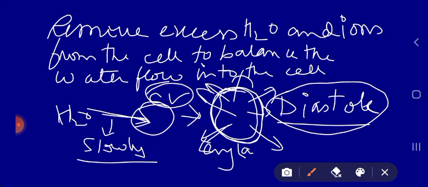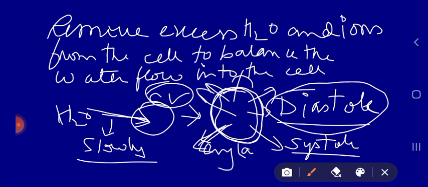So when the contractile vacuole is slowly taking the water in, it becomes enlarged, and we call it diastole. After reaching a threshold value, it starts to release that water. Then we call it systole, periodically releasing the water.